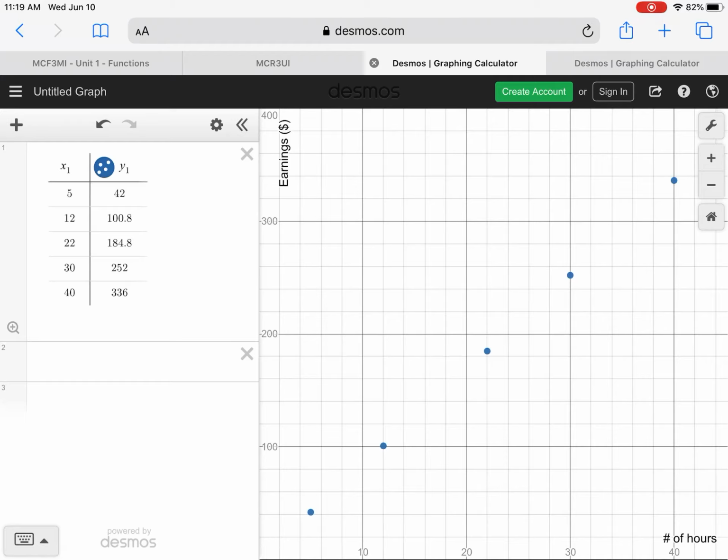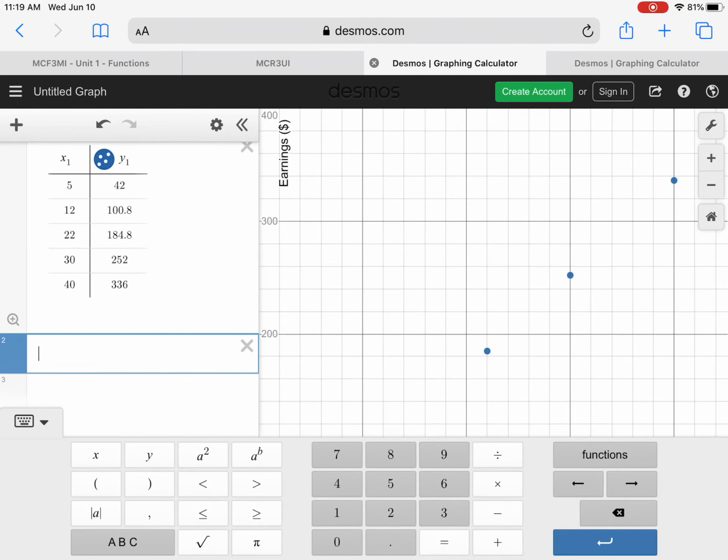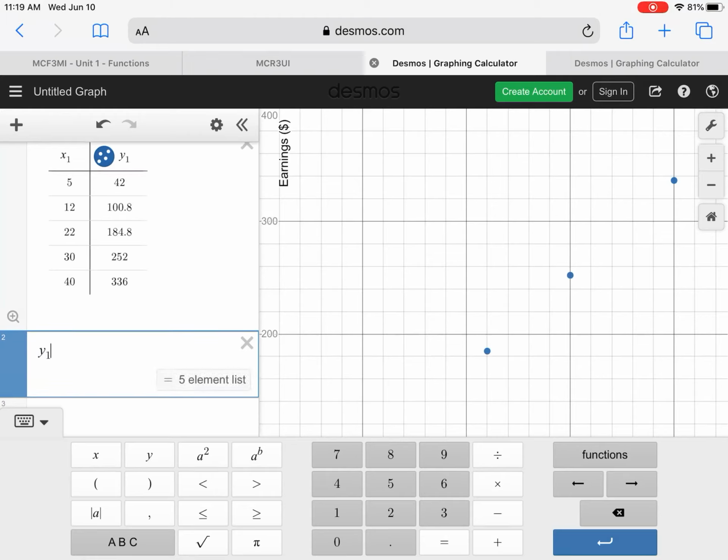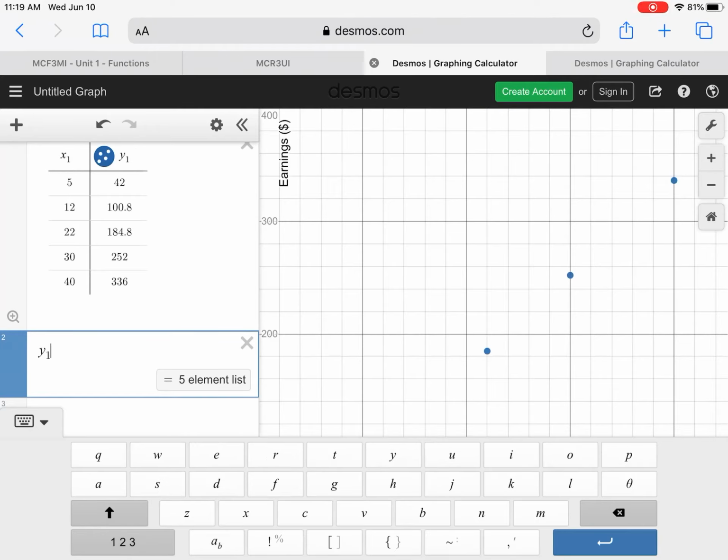For Desmos to give us an equation of the line of best fit, remember for a linear equation, our general equation is y equals mx plus b, where m is our slope and b is our y-intercept. Well, that's what we're going to ask Desmos to tell us. So we're going to put it in here, but we're going to put it in an approximate way. We're going to put in y1. Notice that we have y1 up on the top here.